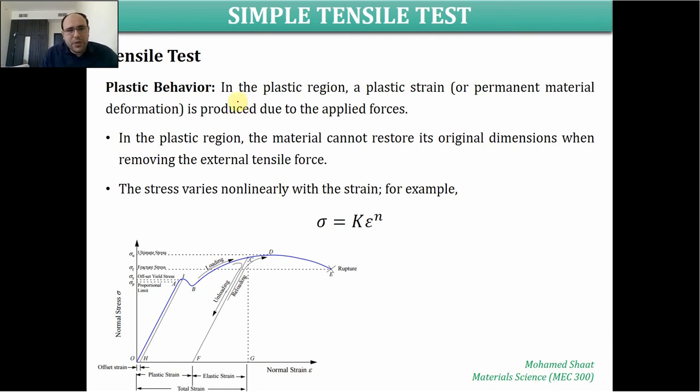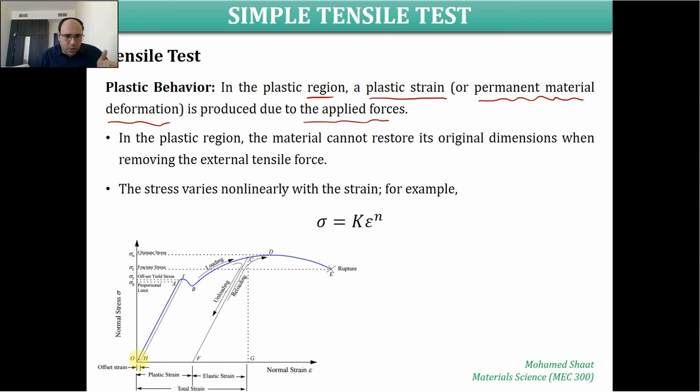Within the plastic behavior or the plastic region, plastic strain is counted as a permanent material deformation. It means that the material will change its shape permanently. We will not be able to restore the original shape once more. It is produced due to the applied force, as long as the material moves in the plastic behavior.